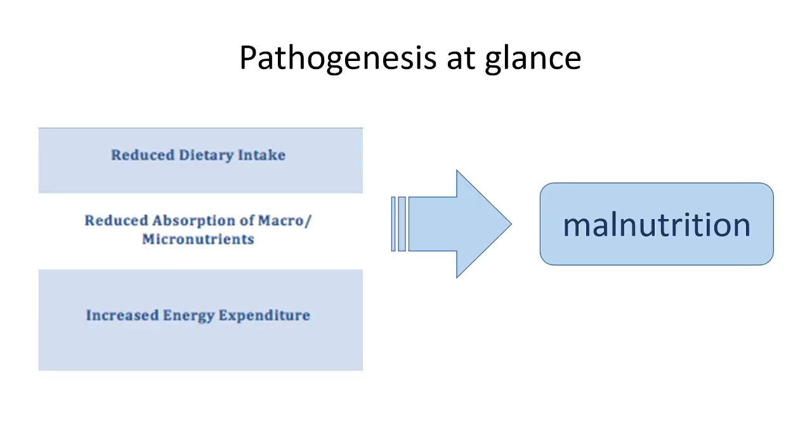If we look at the pathogenesis, at first glance it's very easy to understand, because we can see reduced dietary intake and maybe absorption, which is not enough for the patient's life needs, and we see malnutrition. If we classify it, or divide all the causes of malnutrition into groups, maybe it will be easy for you to remember. So we can divide it into the following groups.